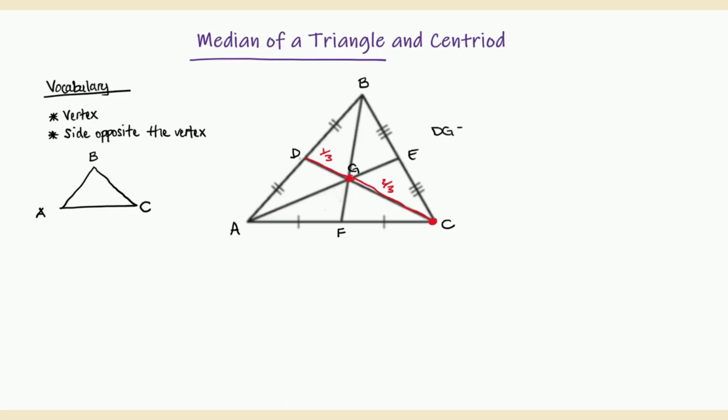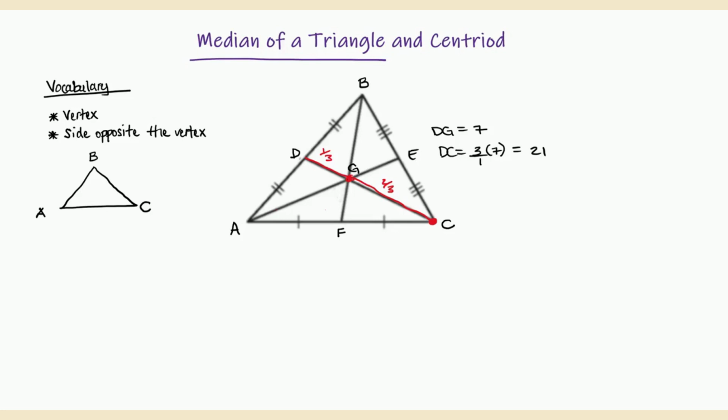So DG measures 7. That means we have the 1/3 portion. So to find the full part, we just need to multiply by the reciprocal of 1/3, which is 3/1, just turning your fraction upside down. So to find the full length DC would be 3/1 times 7, which is just 21. So the full measure is 21.